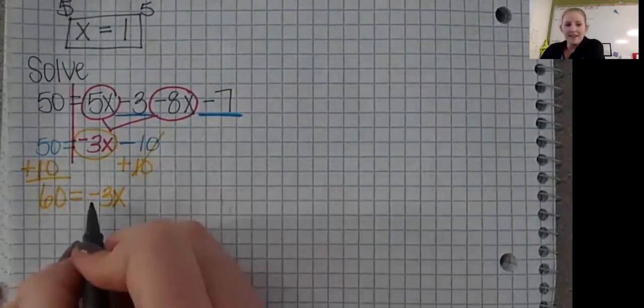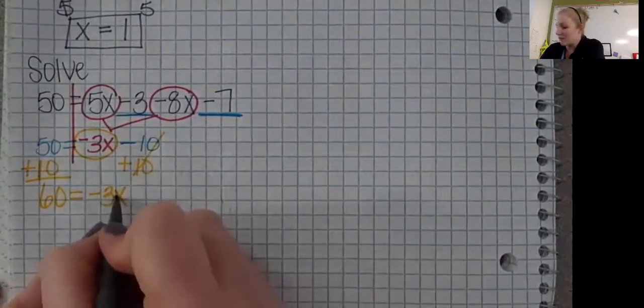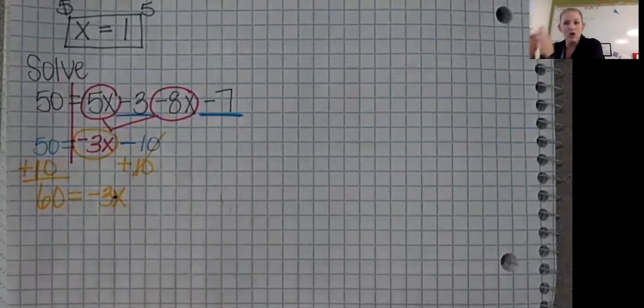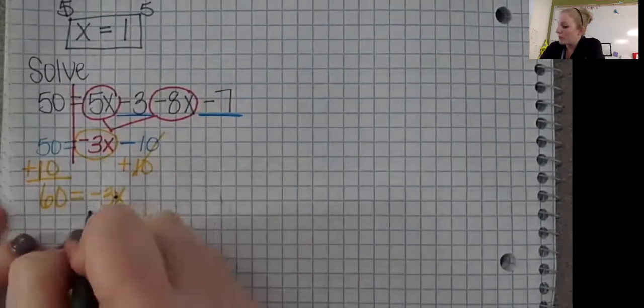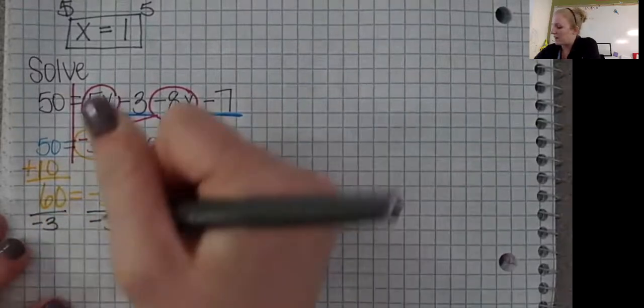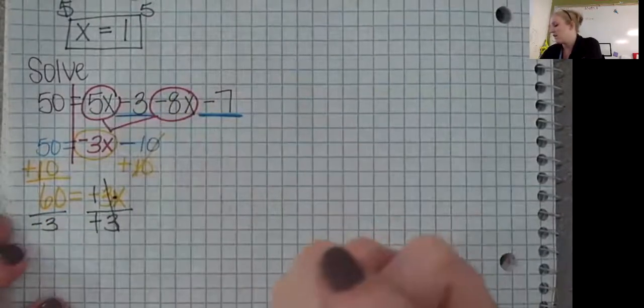So now it's -3 times x. Remember, that's not a subtraction because the -3 and the variable are right next to each other. So we need to do the opposite or inverse of multiply, which is divide and divide.